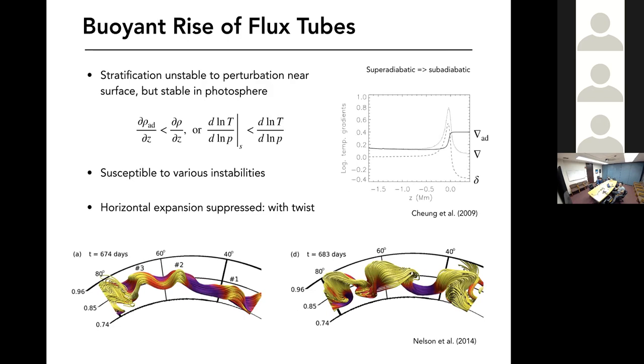Or it's also possible, if the condition is met, that the disturbance will be unstable. The stratification will be unstable, so once it starts to rise, you can't stop it. The way to tell one from the other is to look at the stratification, the actual rate of change of density with respect to height.